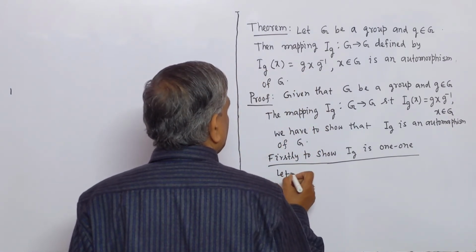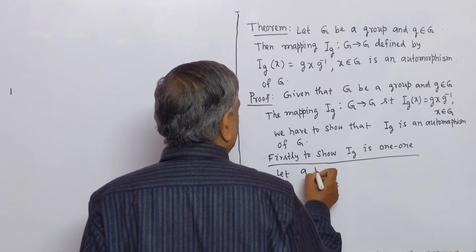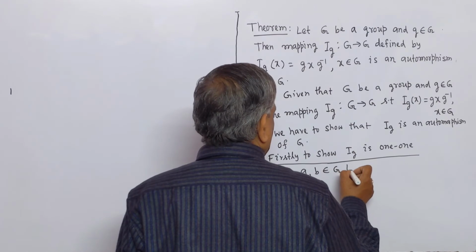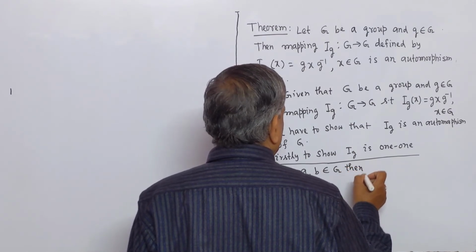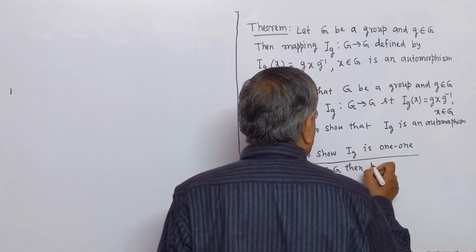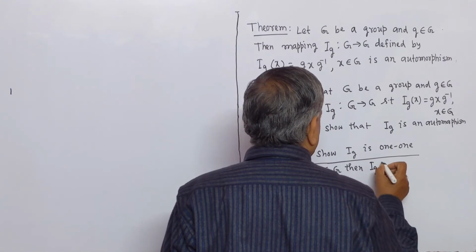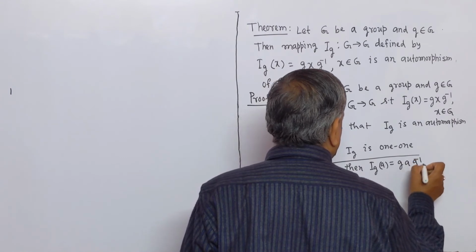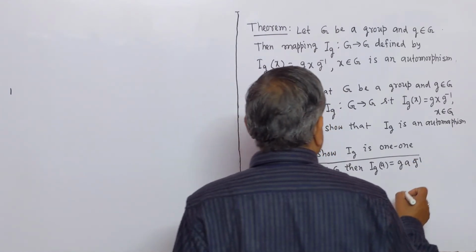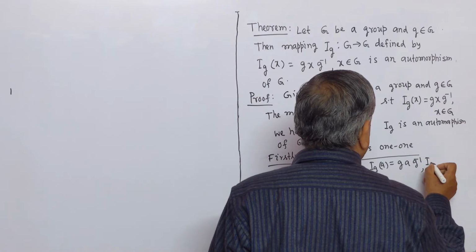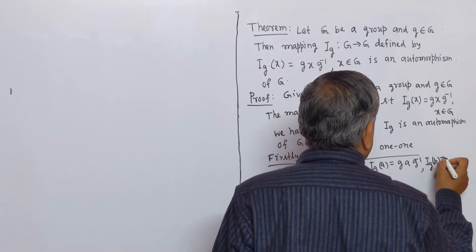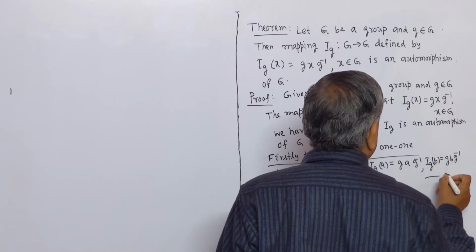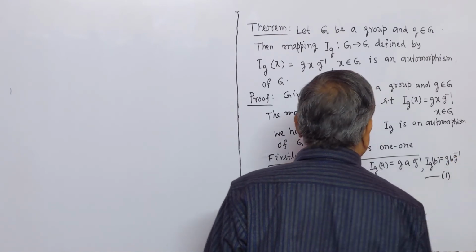Let A, B belong to group G, then I_g of A equal to g A g inverse, I_g of B equal to g B g inverse. This is number 1.